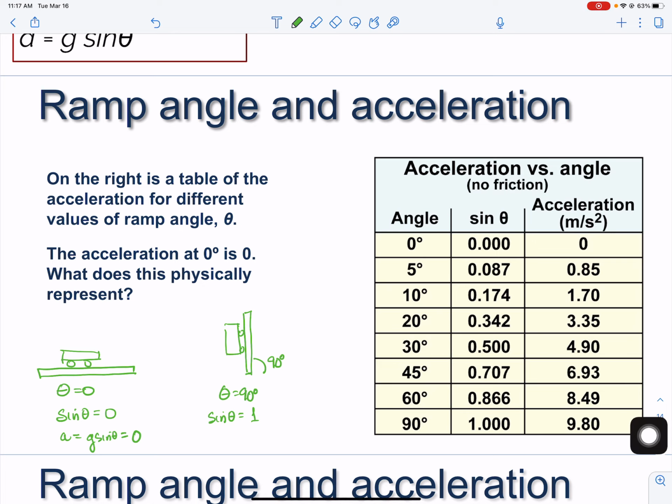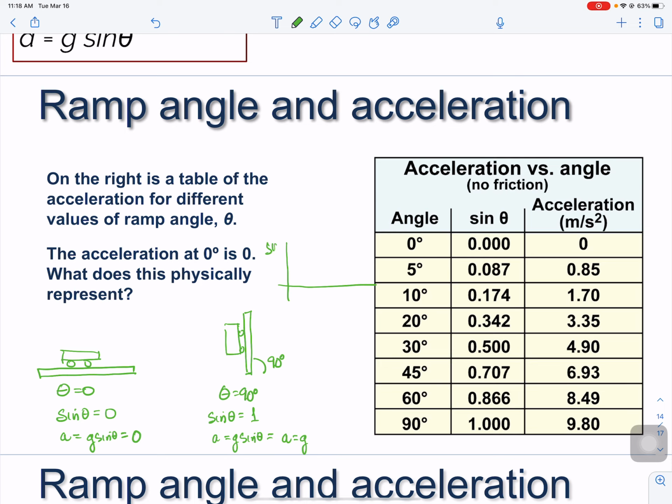For this example, again, a is equal to g sine theta. This is just a equals g because sine of theta is 1. And this tells me that this cart is going to accelerate with the same value as the acceleration due to gravity, which is true. It's just in free fall. And so the idea is that sine is actually an increasing function.